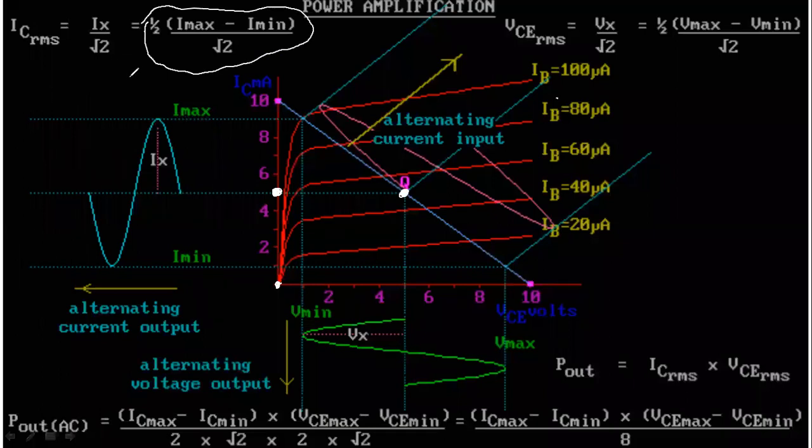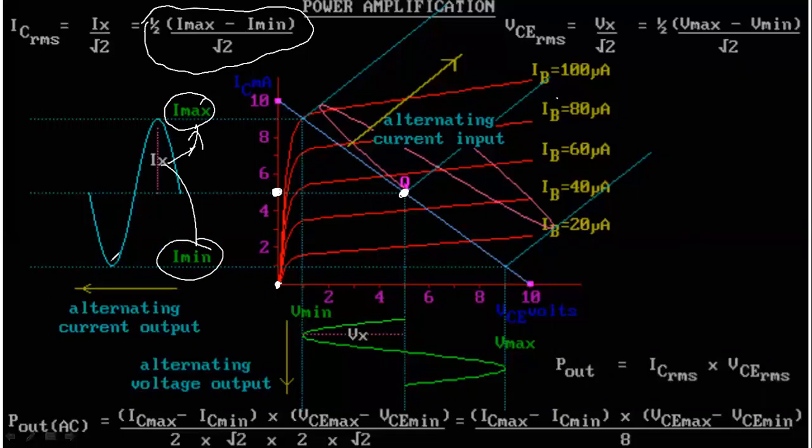You find the IRMS value by dividing the peak value by √2. This peak value you can represent using the Imax and Imin values, since you are fluctuating between Imax and Imin.